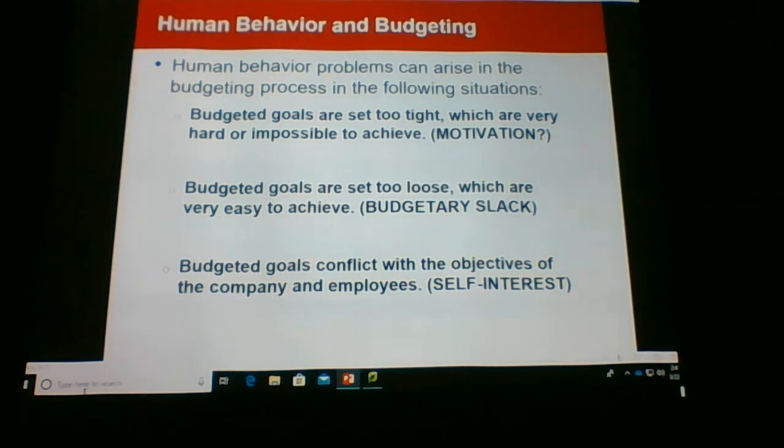Conversely, we also have this concept of budgetary slack, and this happens when goals are set too loose and they're very, very easy to achieve. This second particular issue is a common problem that we see in decentralized corporate structures, where lower level on-ground managers are allowed to have too much input into their department's goals. So put yourself out there, and I'll just ask you, would you rather make a goal for yourself, if your job depended on it, that is?